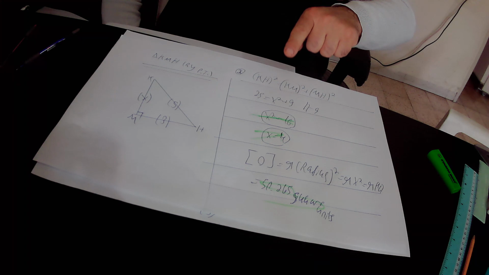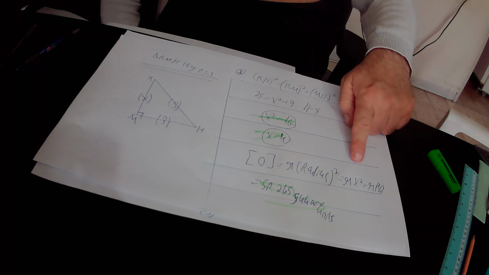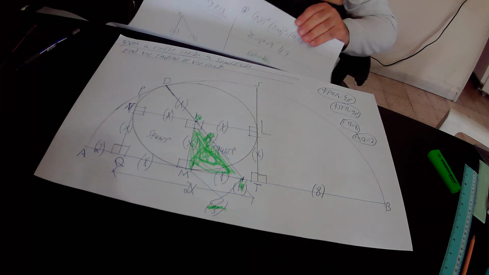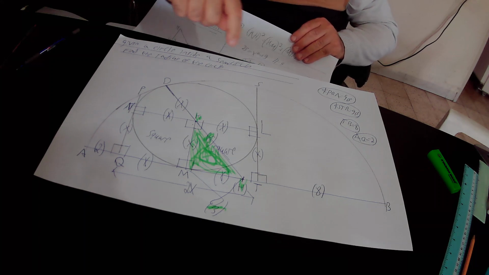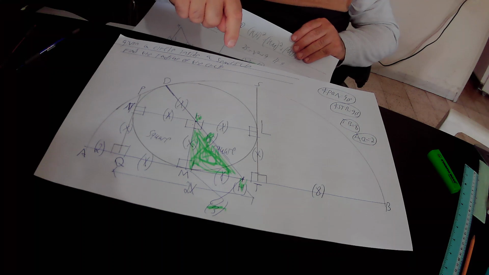But we already found out that x squared equals 16, therefore we can substitute x squared by 16 in this equation. We did it and finally found out that the area of this small circle equals 16 pi square units, or in terms of numbers, the area that we are looking for in this question equals 50.265 square units.